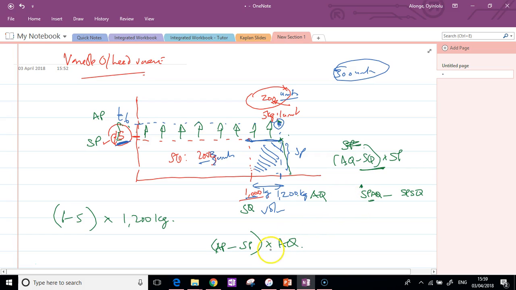Now, if you're looking for the price variance, you would expand this and say APAQ minus SPAQ. You can see I have SPAQ here twice, which is why we usually just leave it as APAQ, SPAQ, SPSQ. And we call this the price variance, and we call this the efficiency variance. So that's the relationship to these formulas that I sometimes drop and let you have.